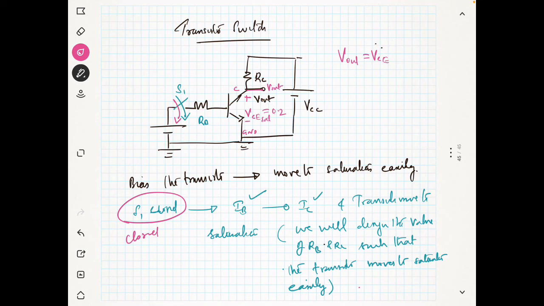So V out is nothing but VCE, and at saturation, when switch S1 is closed, this becomes VCE sat, that is 0.2 volt.